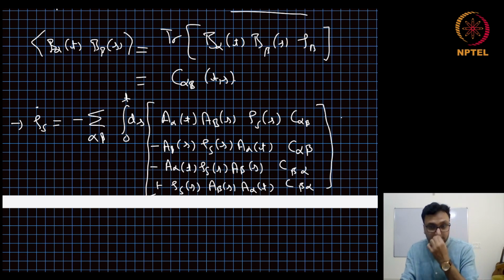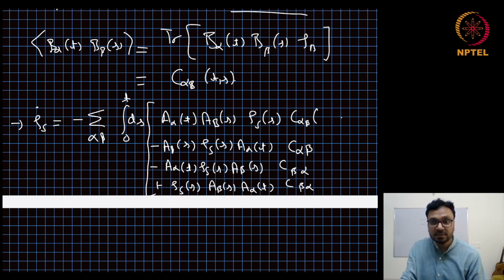So C alpha beta is a function of t and s.